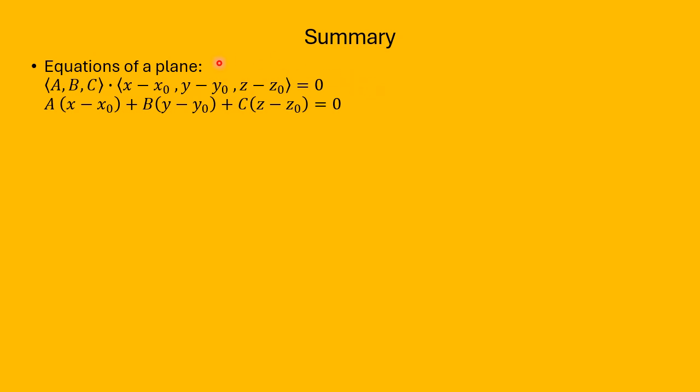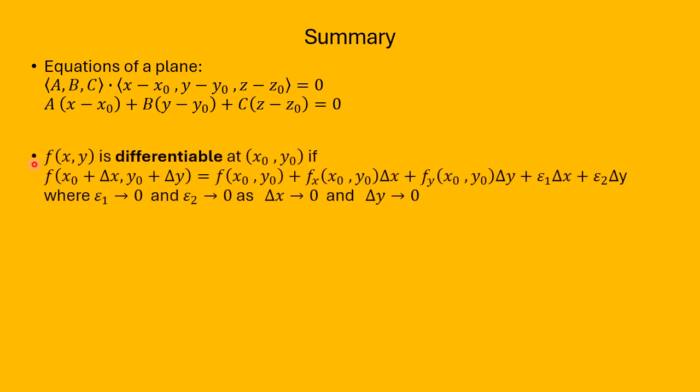Here's a short summary of what we have seen in this video. We saw that the equation of a plane is basically a normal vector dotted with this vector equals 0. This could be written out as an algebraic equation, which we see right here. We said that a function f of x, y is differentiable at x0, y0 if it satisfies this equation where epsilon 1 and epsilon 2 both go to 0 as delta x goes to 0 and delta y goes to 0.